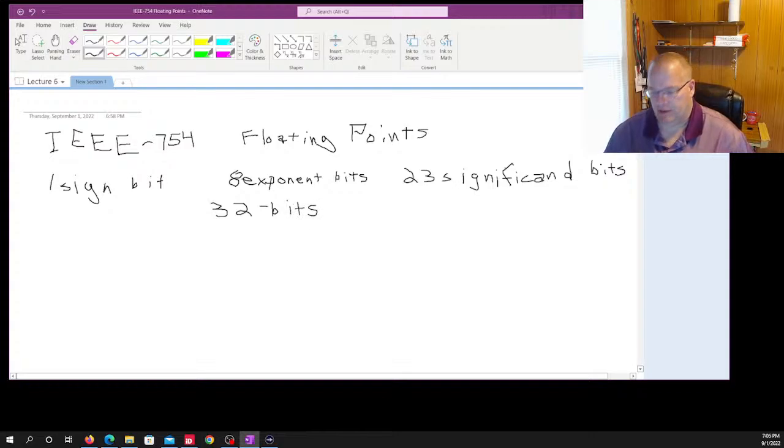Most modern computers are 64 bits. So you can do 2 floating points on the same line. Now, this is single precision. If you go for double precision, it would be 64, and everything doubles. Well, the sign bit doesn't double. I'm not sure where the numbers line up on double precision. We'll talk about why we do that.